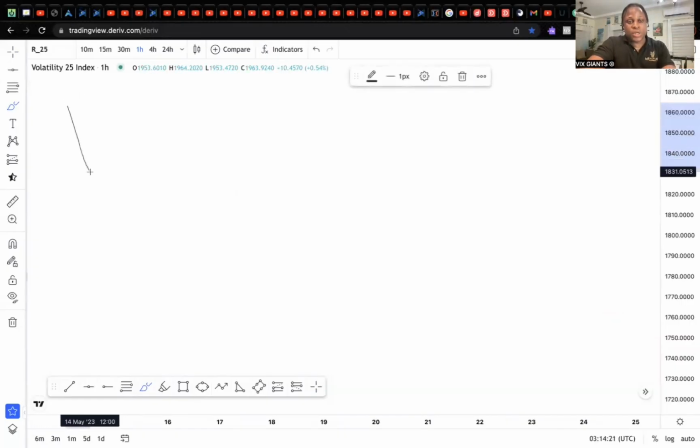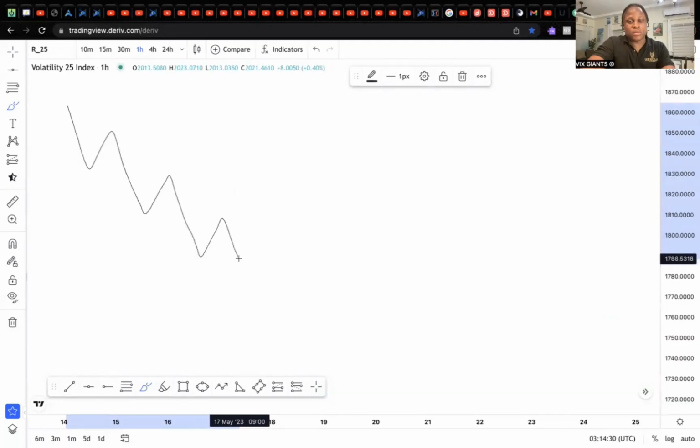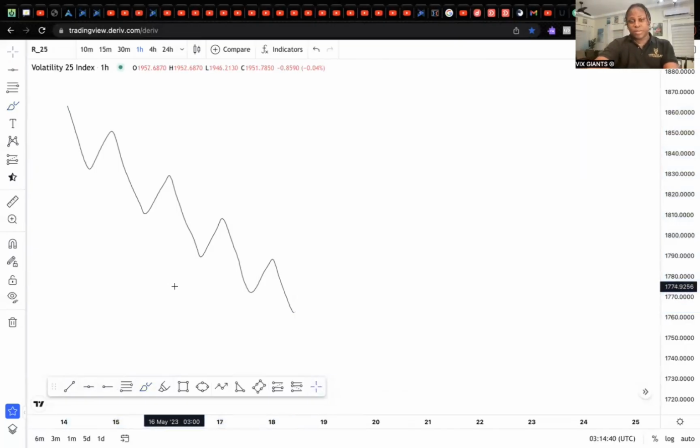So in the downtrend, we usually see movements like this. The movement in the downtrend usually resembles something like this. So as you guys can see, with this type of movement, the trend actually starts from the top, right?